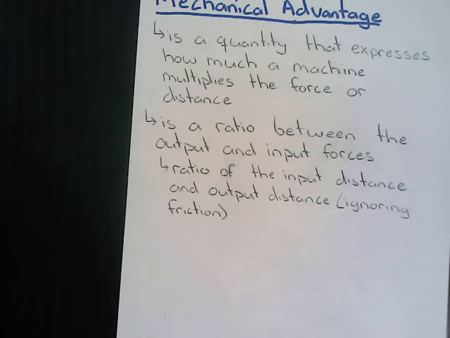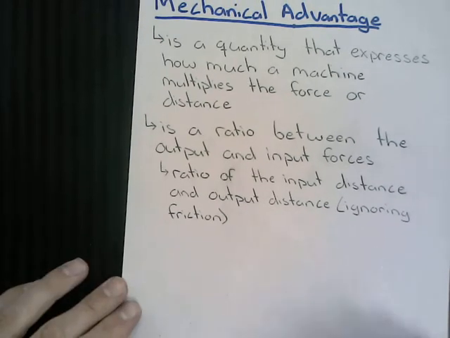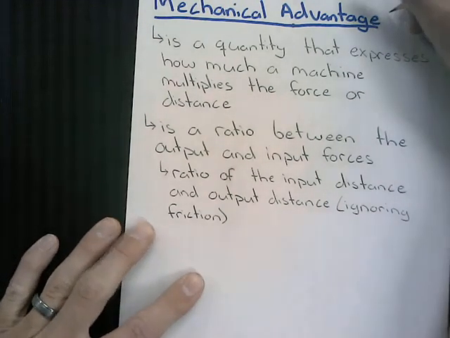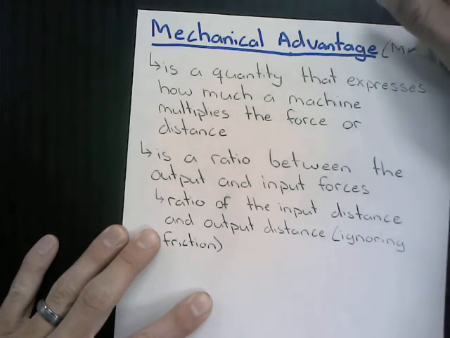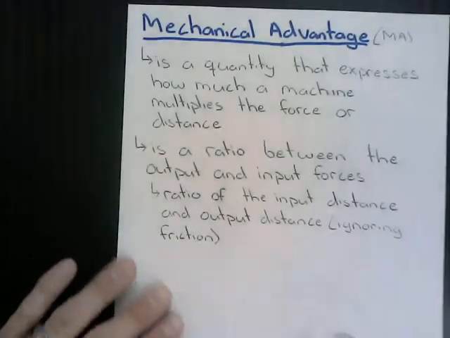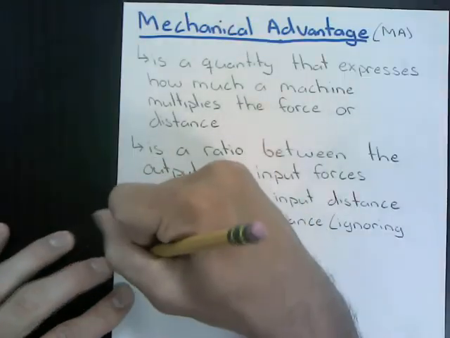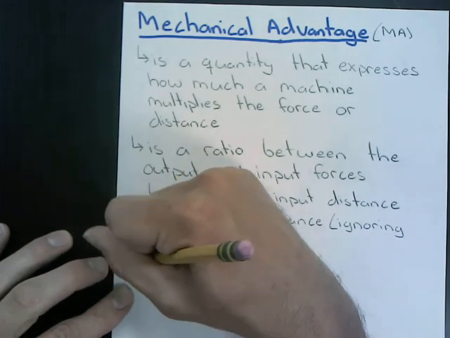Now the formula here for mechanical advantage is this. I'm going to express mechanical advantage as MA. There's actually going to be two formulas.